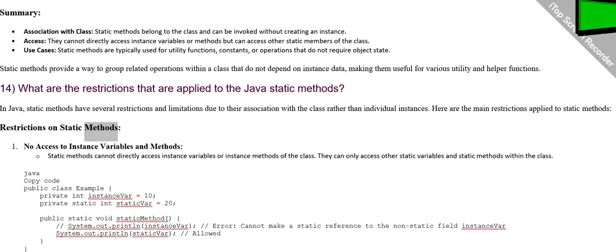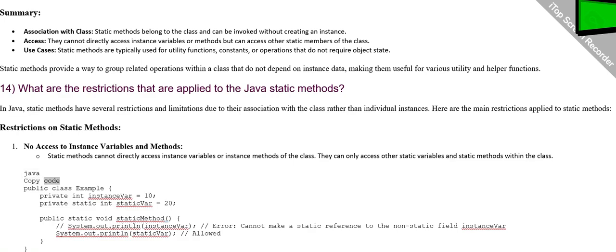Restrictions on static methods: no access to instance variables and methods. Static methods cannot directly access instance variables or instance methods of the class. They can only access other static variables and static methods within the class.